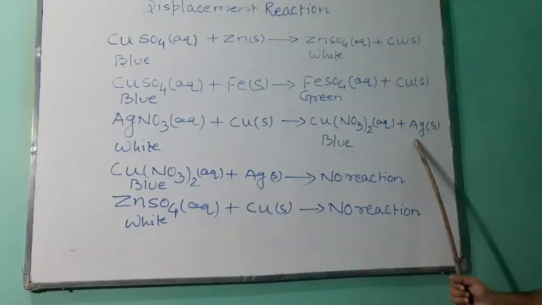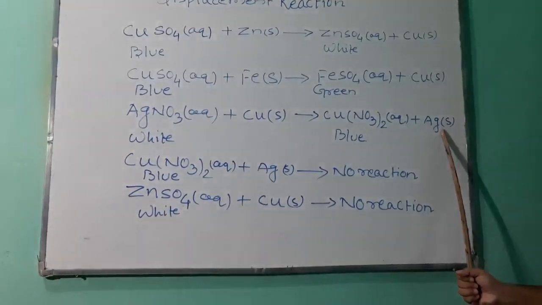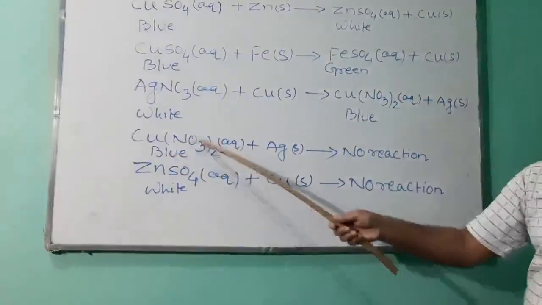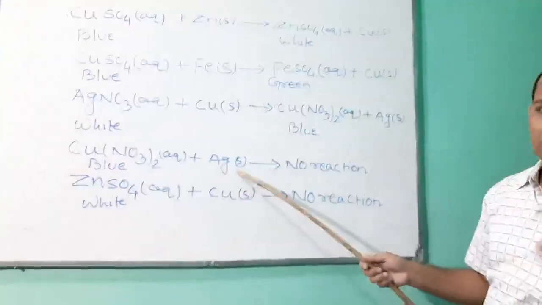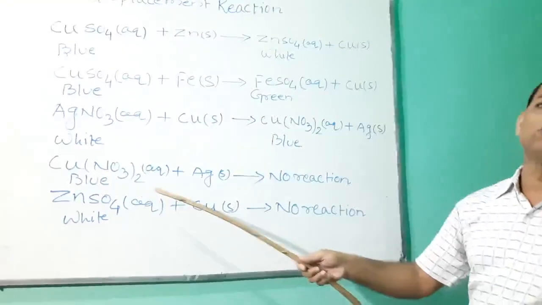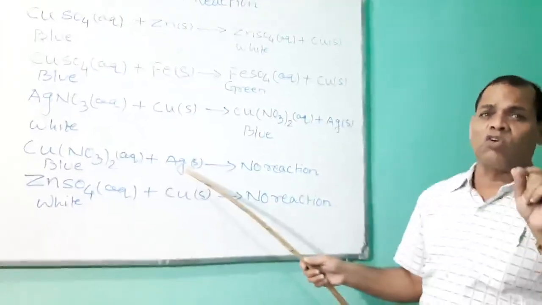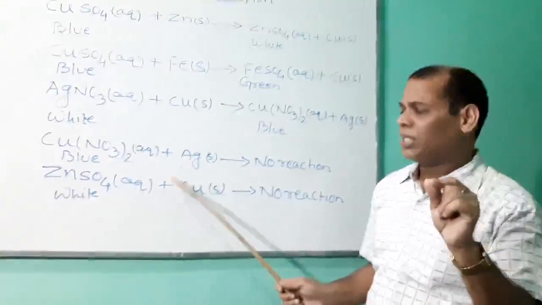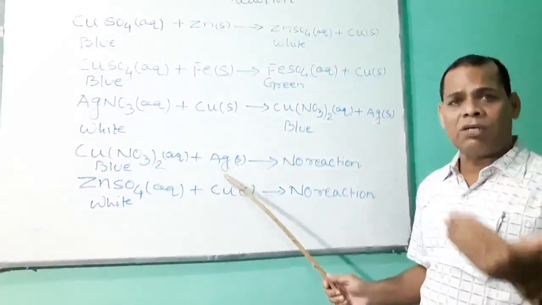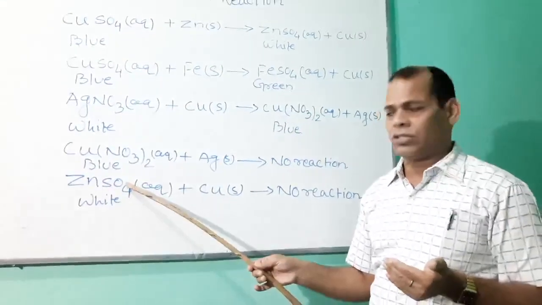That white substance is nothing but silver metal. Now, if you take an aqueous copper nitrate solution and put in silver metal, it remains blue. There is no change of color. It means no reaction is taking place. It means silver is unable to displace copper from copper nitrate.